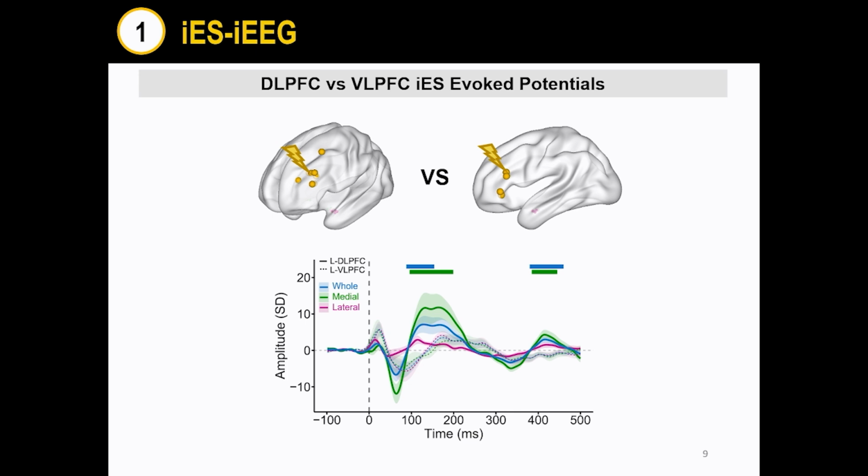We can see that there were two time windows showing significantly higher responses following the DLPFC iES as compared to the VLPFC iES. And this effect was mainly driven by the responses in the medial subregion.